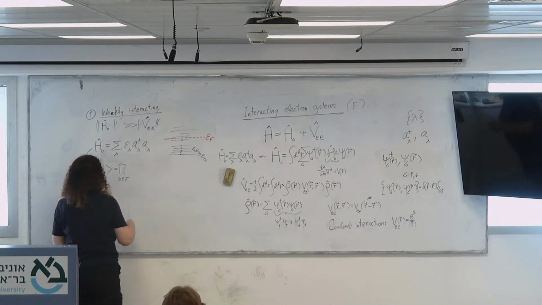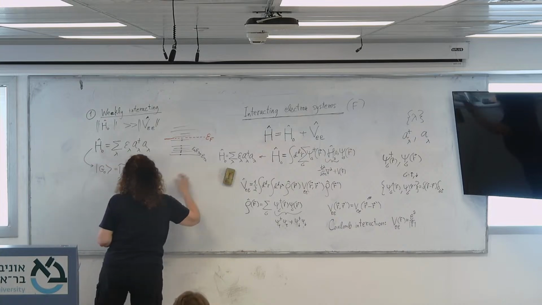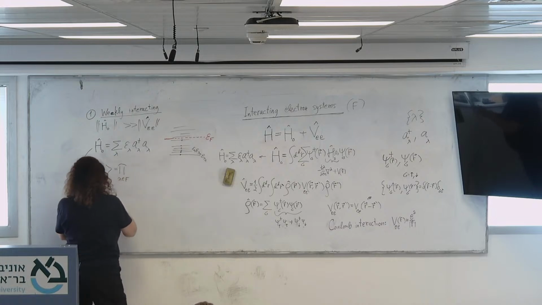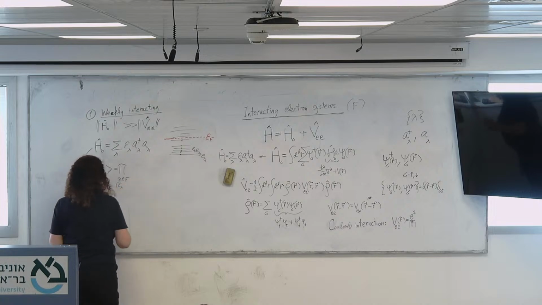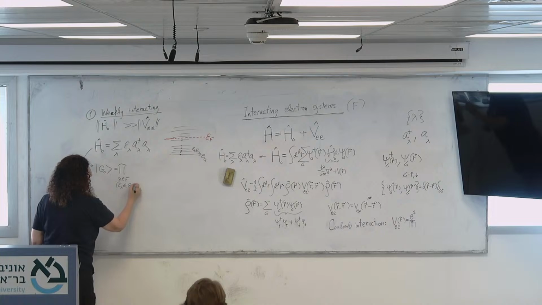I'll give it another notation in a minute, but the definition of this is that epsilon lambda is smaller or equal to E Fermi. Okay?